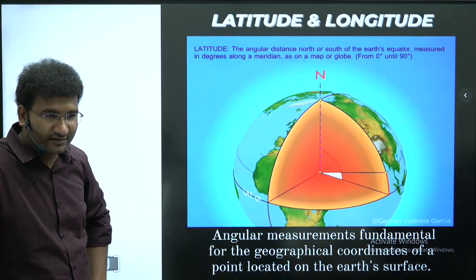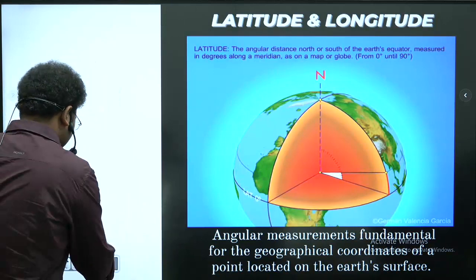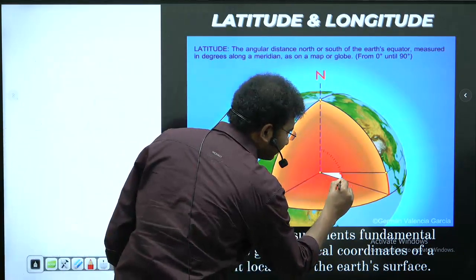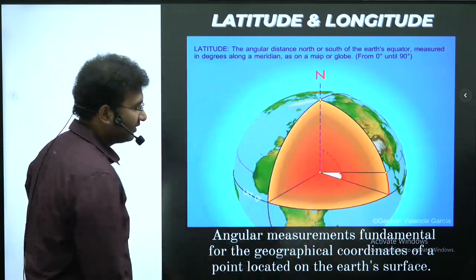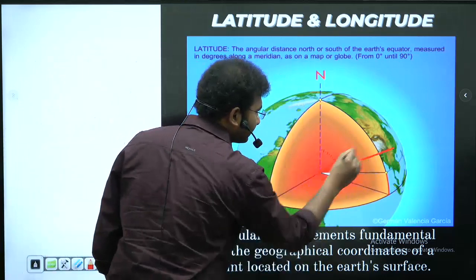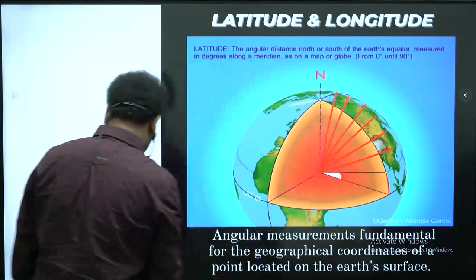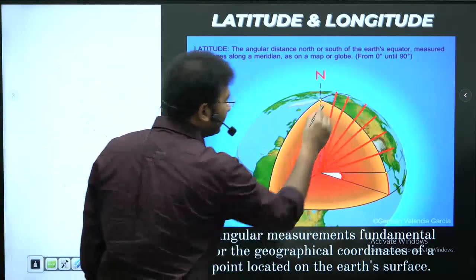Can you understand? I made an angle. Likewise, I'll draw lines, and these lines I'll join. How will I join?